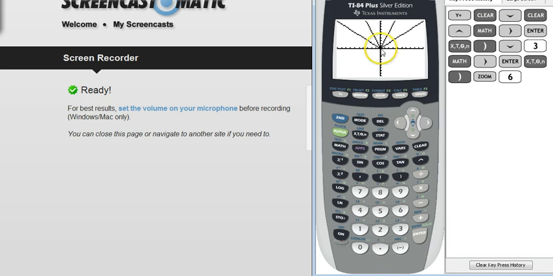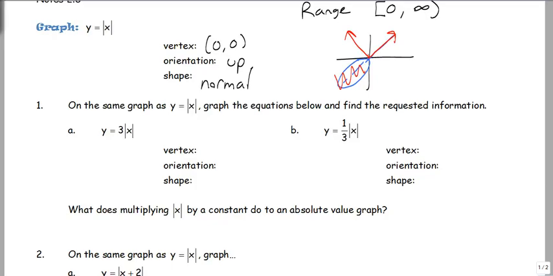Well, the vertex is at the same place, but you would say that this was more narrow, or stretched vertically, because the y values are being multiplied by 3 for every x value. So with that, we'll say our vertex is at 0, 0. The orientation is still up. It was facing upward. And the shape was narrow because it's being multiplied by 3.